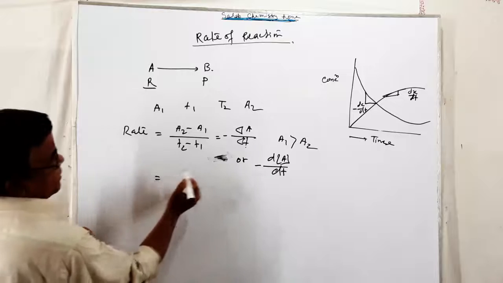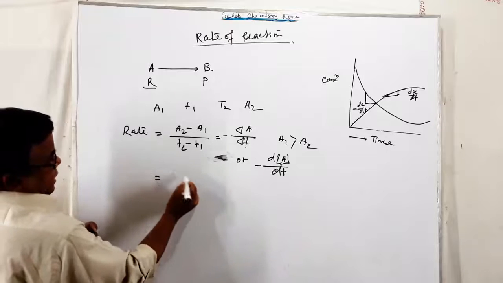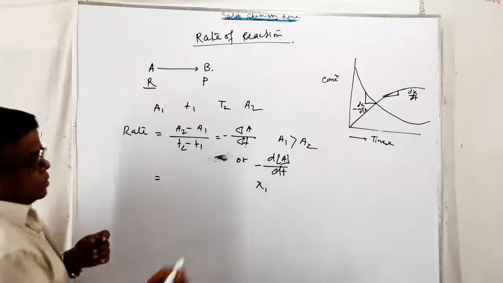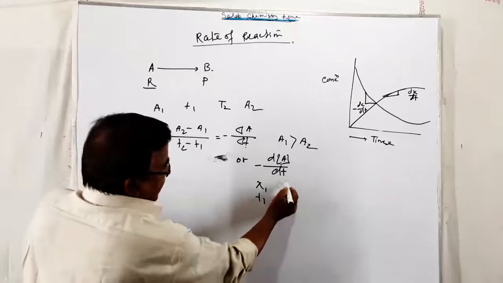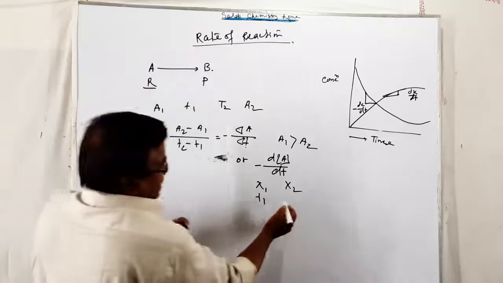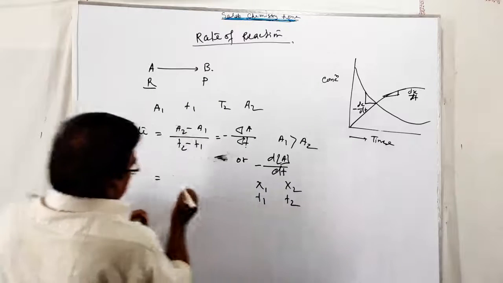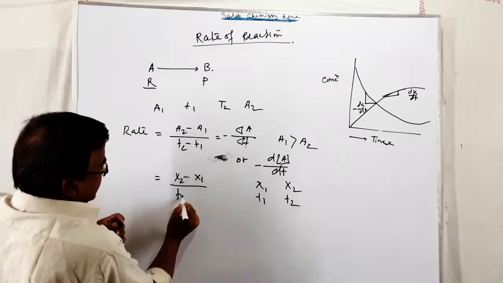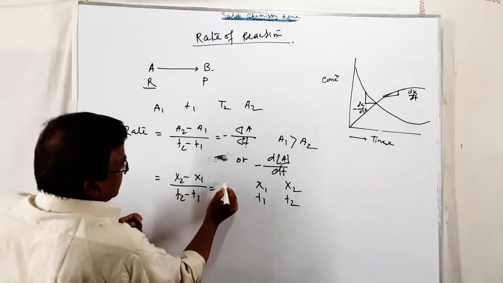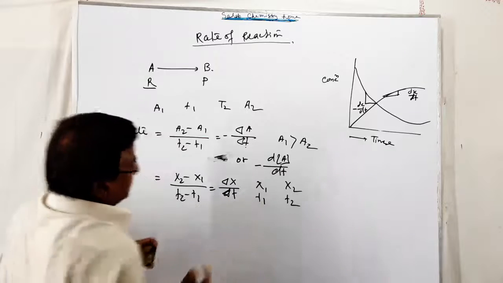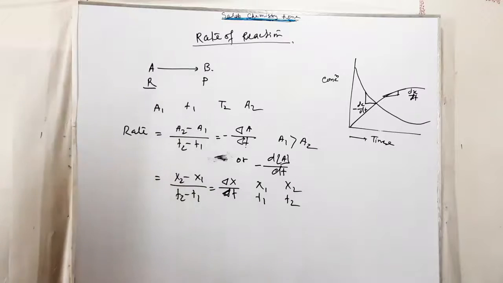Again, if x1 is the product of the reaction at T1 and x2 is the product of the reaction at time T2, then x2 minus x1 divided by T2 minus T1, that is, del x divided by del T, is the rate of the reaction in case of product.